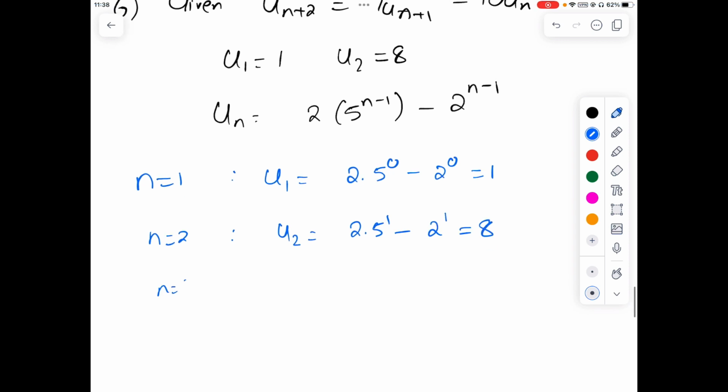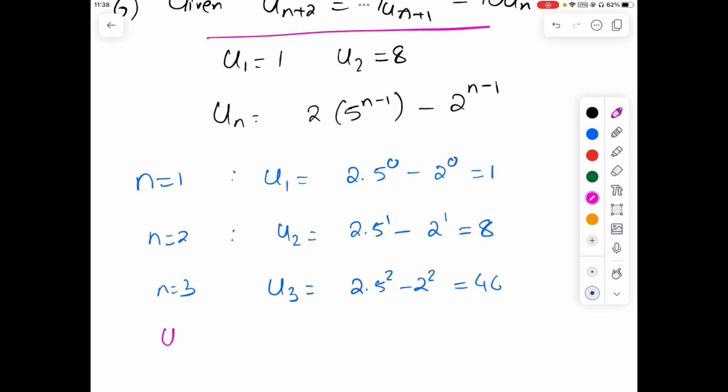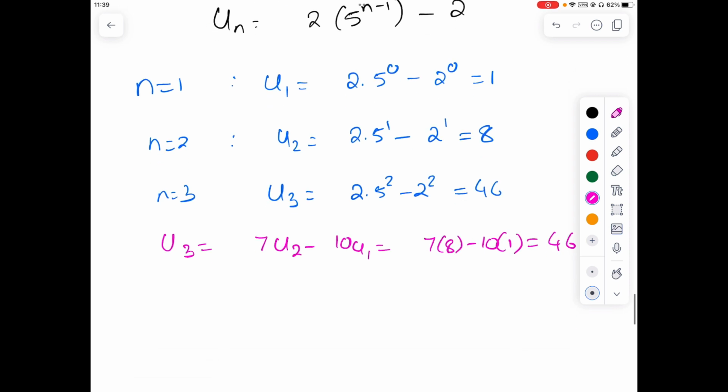Then n equals 3: u_3 equals 2 times (5^2 minus 2^2), which is 46. Now using the recurrence formula, I have to prove that u_3 is also correct. It equals 7 times u_2 minus 10 times u_1, which is 7 times 8 minus 10 times 1, which equals 46. Therefore, the statement is true for n equals 1, 2, and 3.